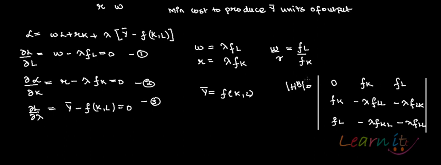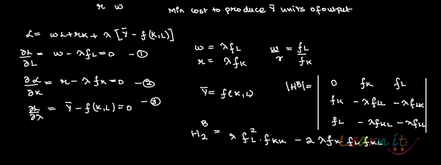The highest order determinant in this case is H2, that is H2B. If you expand it along the first row, you get lambda FL square into FKK, minus 2 lambda FK FL FKL, plus lambda FK square FLL.